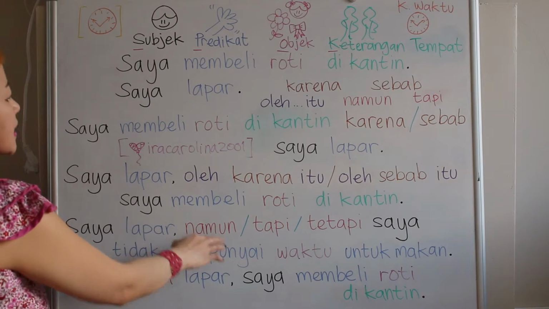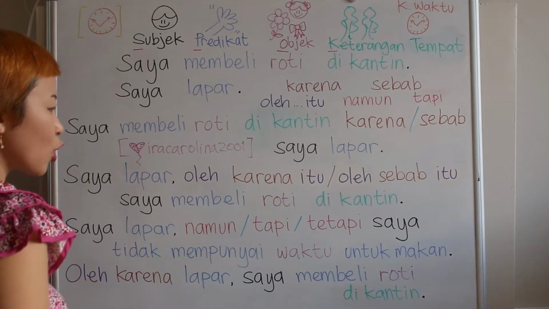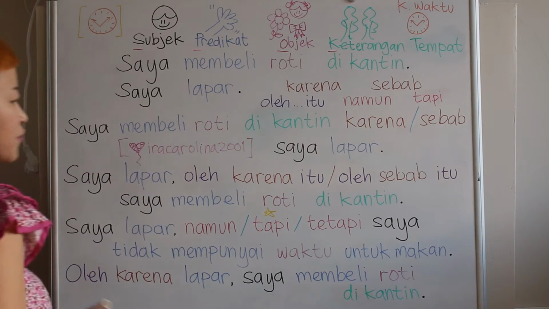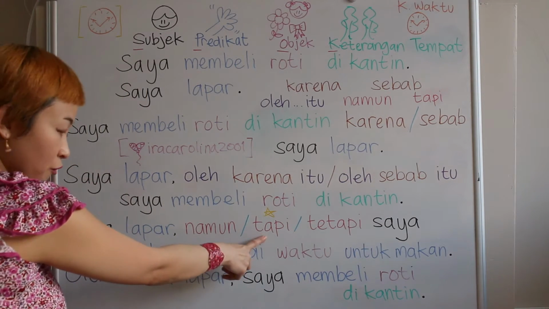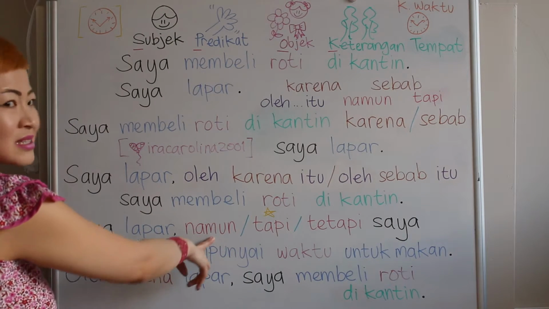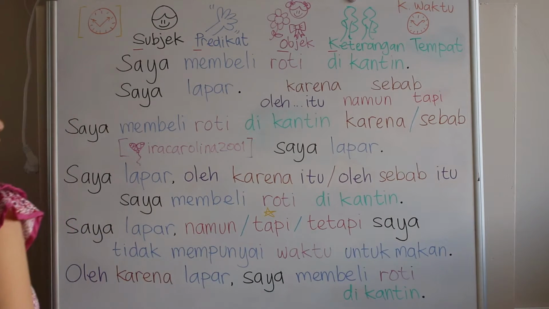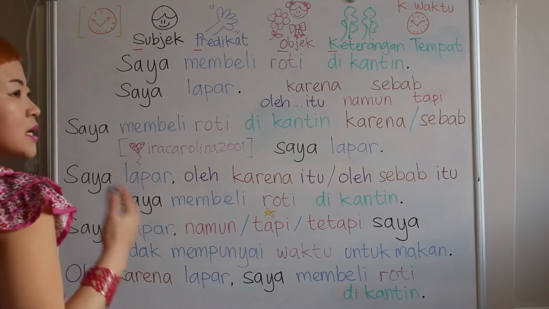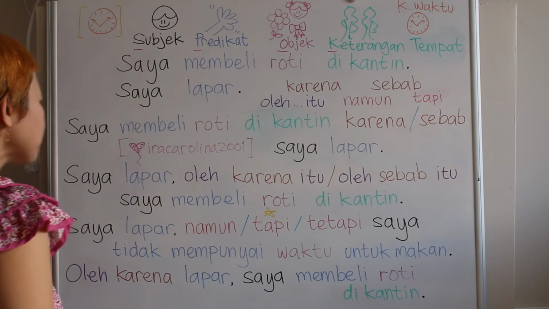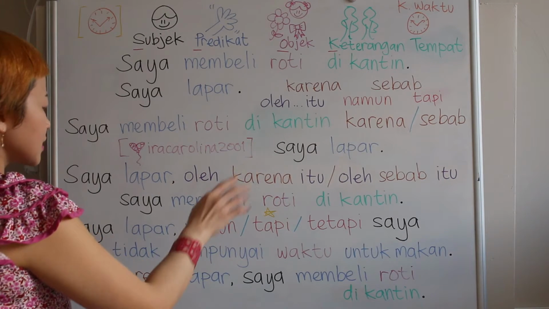Namun, tetapi, tapi, all the same, all mean but. Tapi is the most favorite. You will hear this one more often than the others, especially than this one, because this is a bit very formal or too formal. Tapi and tetapi are formal, and this one is really formal, but all have the same meaning. It means but.